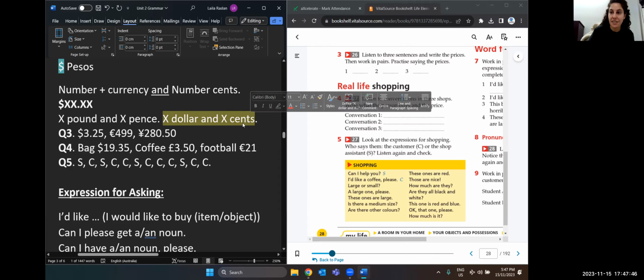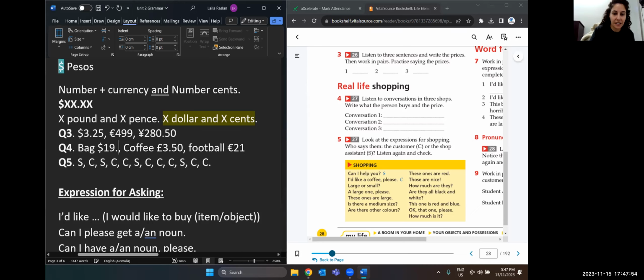We always have to say the cents after, but not if it's $0. So if it was like this, I just say $19. You can just stop there, $19. But it does have $19.35. Conversation 2, coffee, that's the object, the item. And how much does it cost?